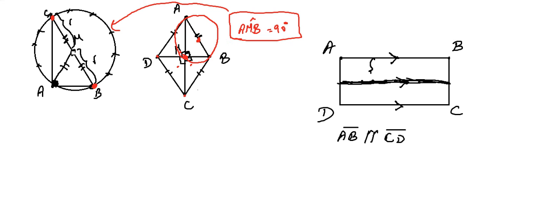This distance here is equal to this distance over here, right? So any point on this line will be equidistant from AB and CD. So this line is a straight line which is parallel to AB and parallel to CD, midway between them, halfway between AB and CD. And this is very important.